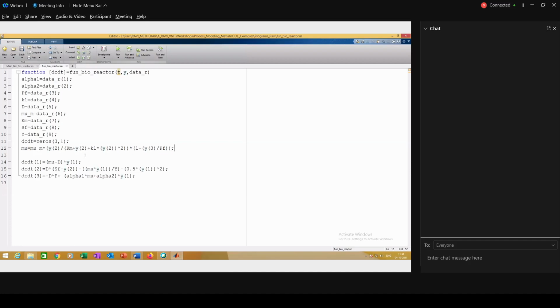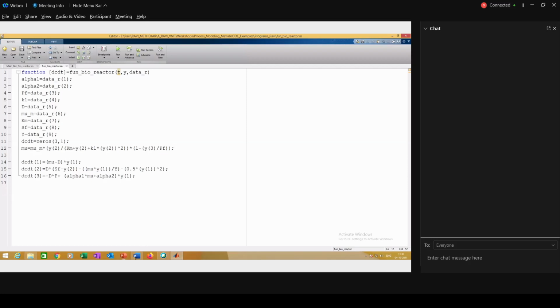Those people who did not understand why I put y2 and y3, please concentrate. The input variable here I took as y, which has three differential equations. So y1 will indicate the first differential equation, y2 the second, y3 the third.